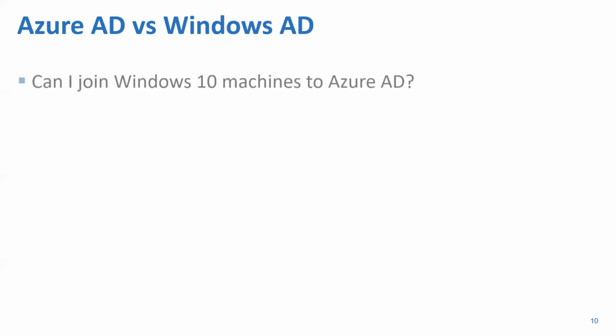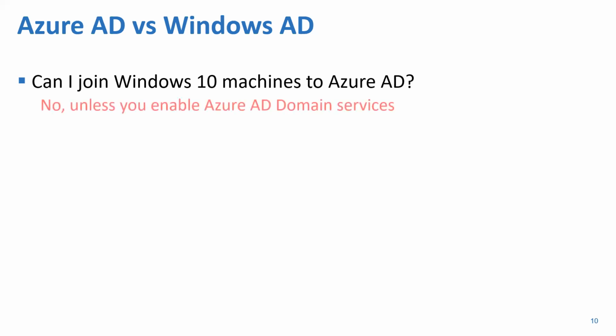So a couple of quick questions that I always receive. Can I join a Windows 10 machine to Azure AD? The answer is both yes and no, but I will start with no, unless you have Azure AD Domain Services. So Microsoft has recently introduced something called a hybrid join, in which you can actually go ahead and join a Windows 10 machine to Azure AD.